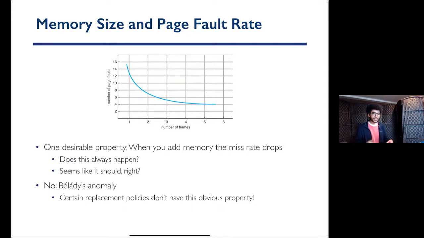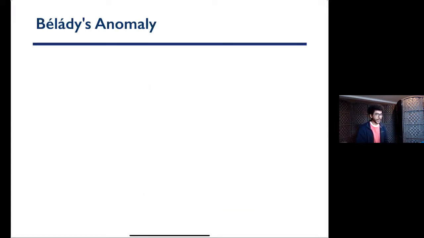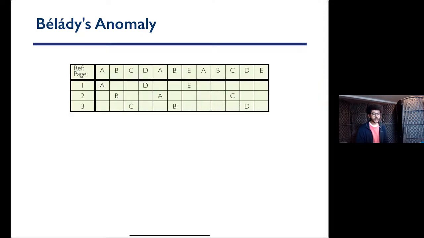Now, it turns out that this depends on the policy that you're using for your eviction. Now, here is the anomaly. In this example, I'm using FIFO, so first come, first serve.